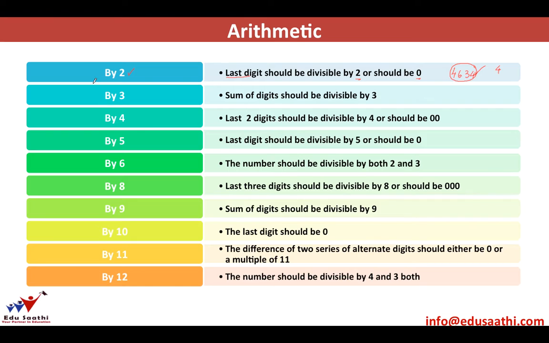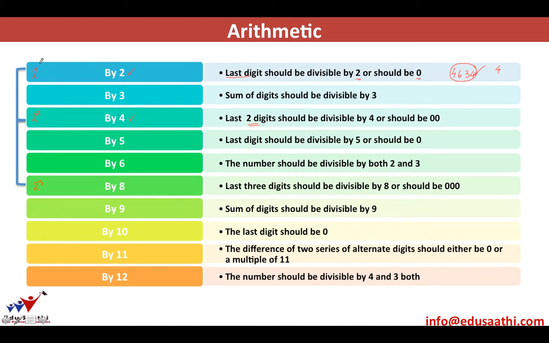So divisibility rules for all powers of 2 would follow a similar rule. So this is 2 raised to power 1, 2 square would be 4, 2 cube would be 8 and so on. So if I have to check the divisibility by 4, which is 2 square, I would look at the last 2 digits.